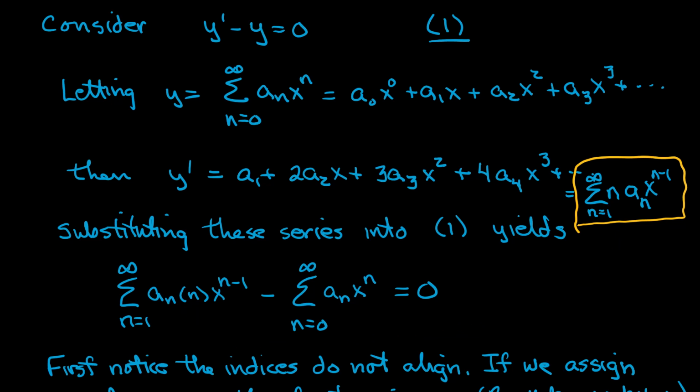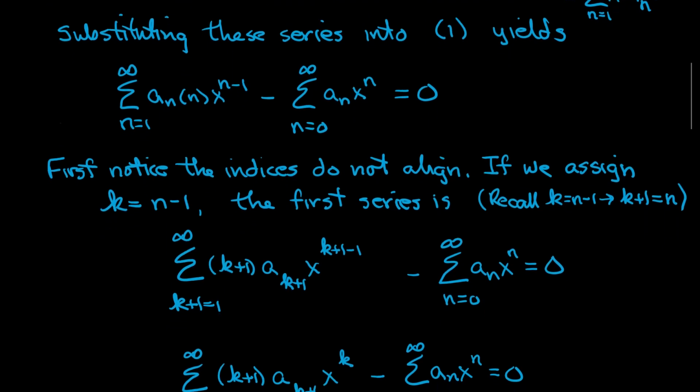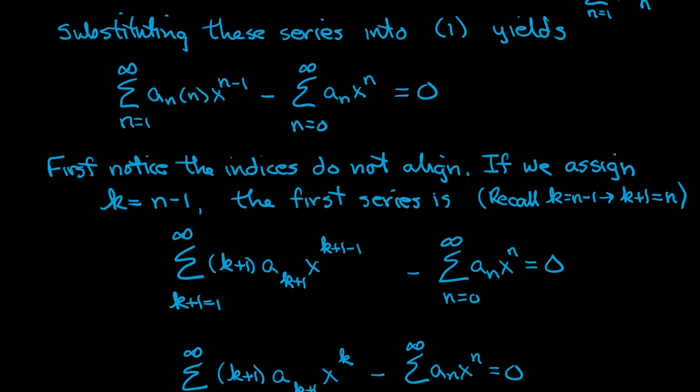There are a couple things we need to do here before we can actually perform addition, subtraction, or whatever else we may want to do. The first thing we need to do is ensure that the exponents on our x's are the same. The next thing we need to do is to make sure that the index at which we start, the starting value for our index, is the same. We can't start counting at 2 different values.